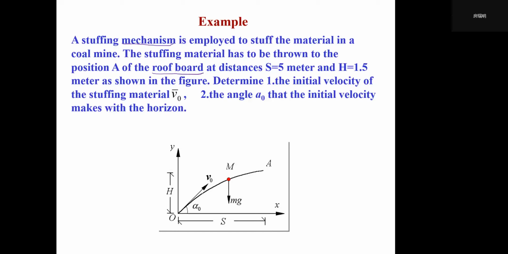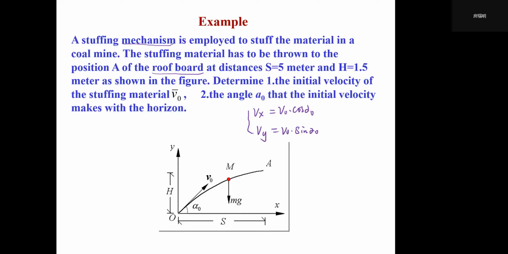But this V0, with this intersect angle alpha 0, will have two components. So Vx along the horizontal line will be V0 times cosine alpha, and Vy equals V0 times sine alpha.